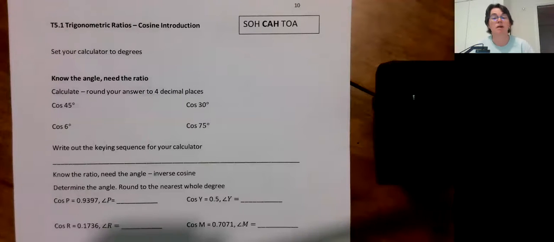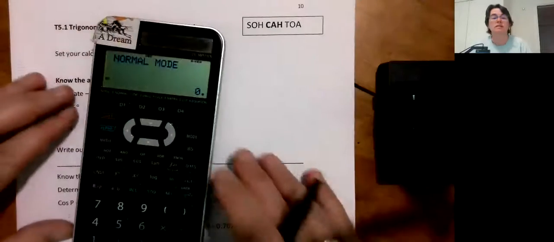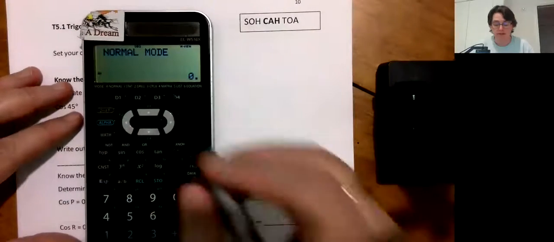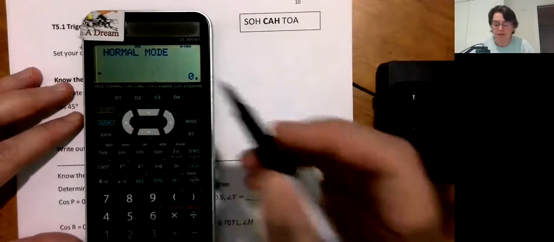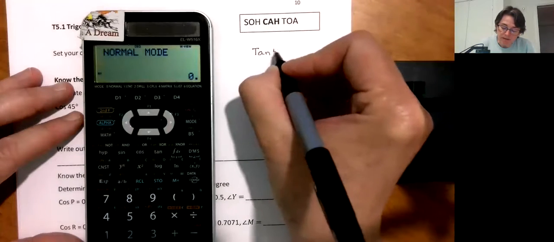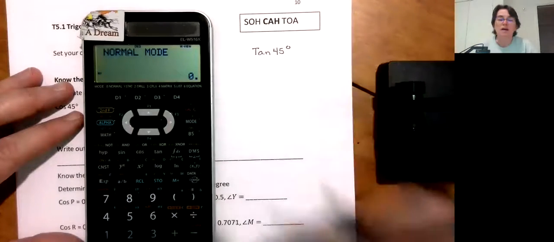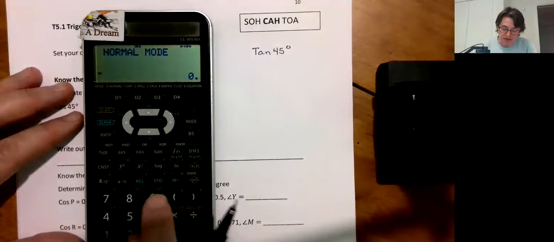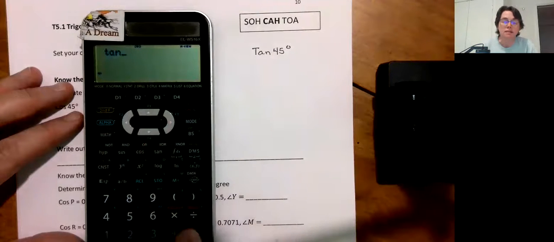Step number one, every single time, check to make sure your calculator is set in degrees. Look at mine. You can see it says DEG right there, but if you're not sure, calculate tangent 45. So on my calculator, I hit tangent, and then 45.